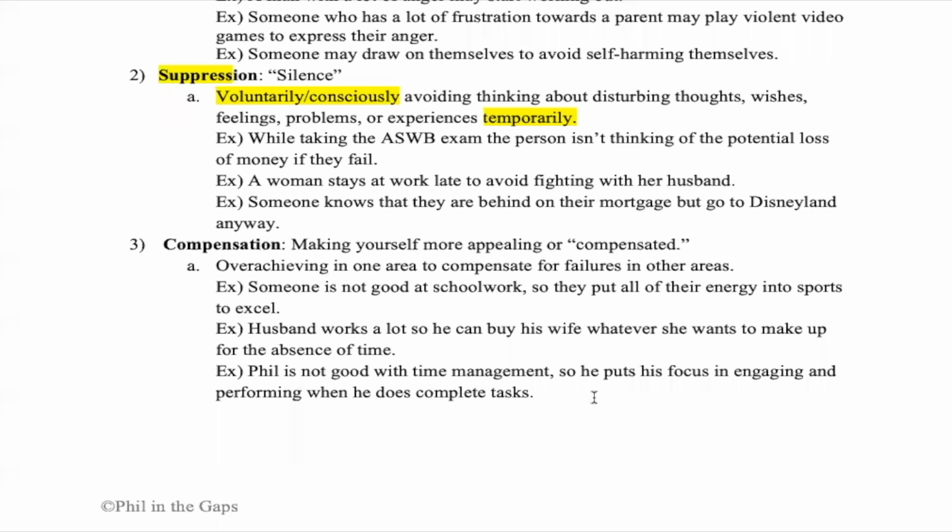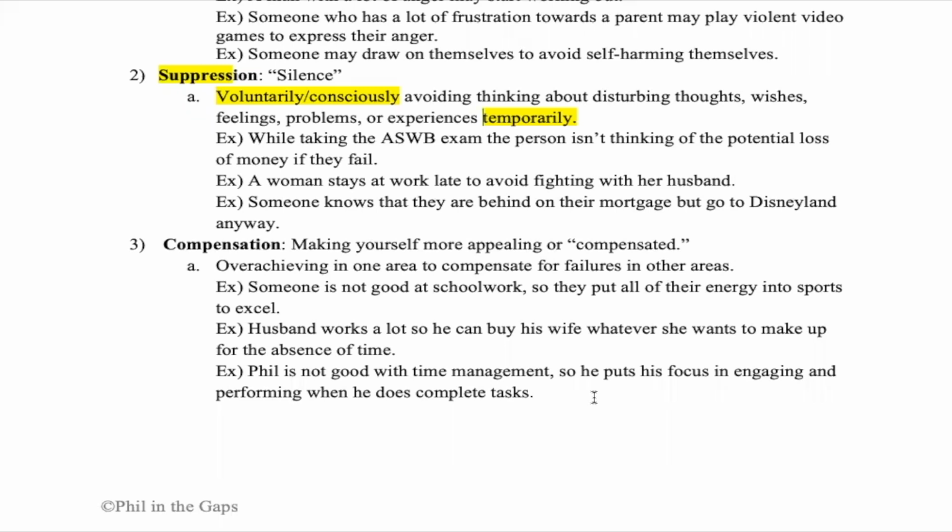Because repression is where somebody's mind will unconsciously press the memory outside of somebody's recollection because it's too painful for them. Suppression is where somebody will actively silence something for a moment in time and then revisit it at a later date. It's like putting a book on the shelf that you want to read, but then coming back and reading it when you have the time to do so.